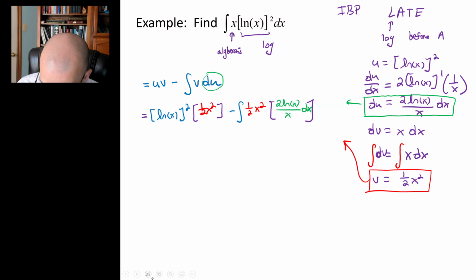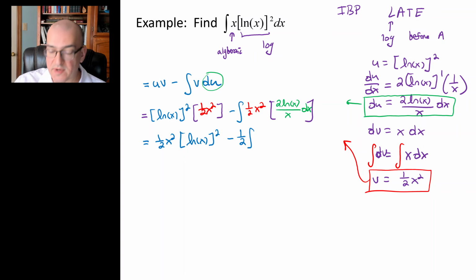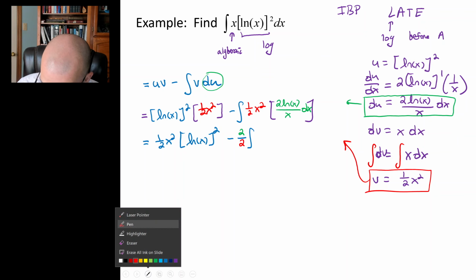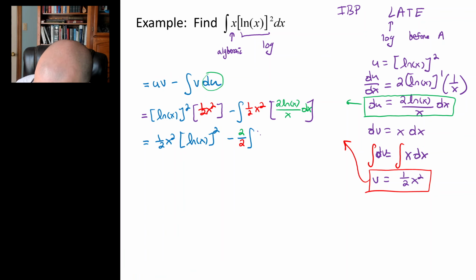And we have to clean that up. 1/2 x squared times ln of x all squared minus 1/2. We have an x squared on top and an x on the bottom. That'll just be an x. And actually, we also have a 2 on top. Gotta be a little careful here. We'll color code it. We have a 2 on top. We have a 2 on the bottom. And we have a single power of x left on top. And our ln of x is still there.